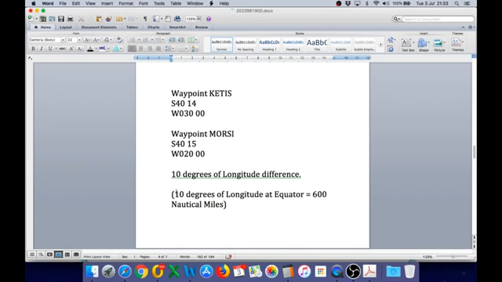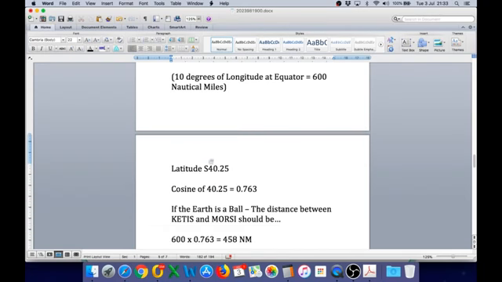At the equator, 10 degrees of longitude would equal 600 nautical miles. At South 40 latitude, 40 15, that translates to a decimal value of 40.25. So we have latitude 40.25 degrees. The cosine of 40.25 is 0.763.